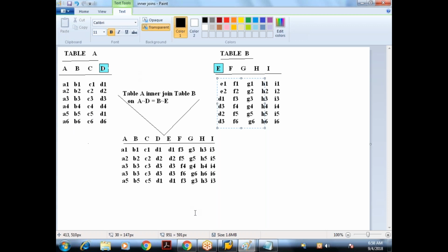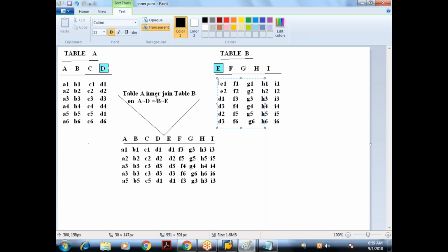So whenever we use inner join in the select query, what is the concept of inner join? Each row of the left hand side table will be compared with all the rows of the right hand side table. As part of that comparison, it will check the matching rows based on the logically related field value.